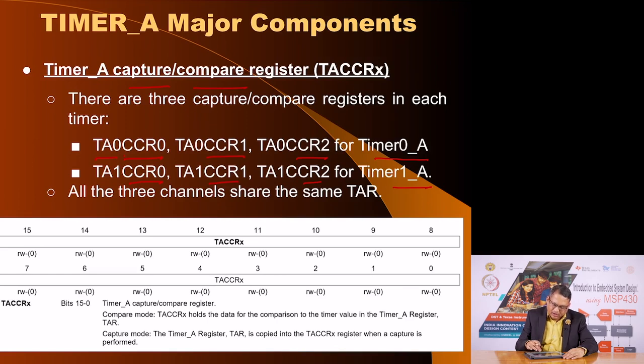And these 3 channels will use a given timer. You can write values in the capture compare registers and you can read values from them to know whether you want to compare or you want to capture and so on.